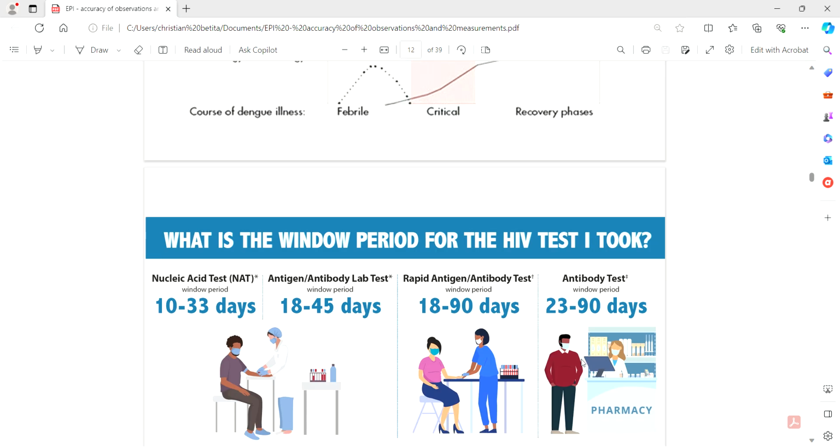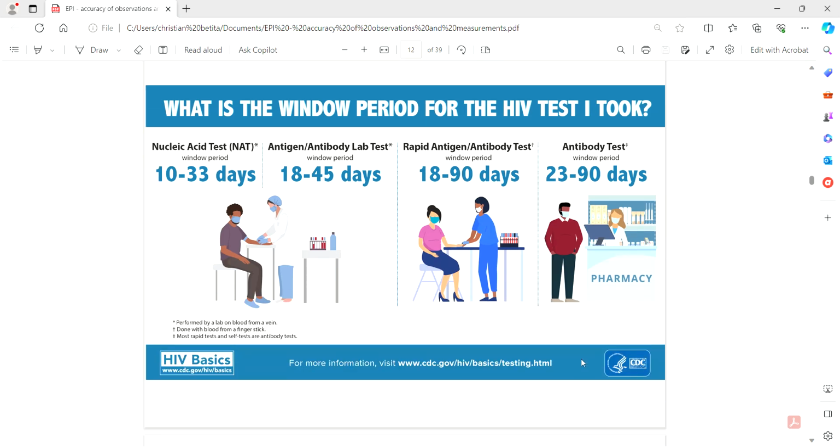Similarly, your HIV test. So your nucleic acid test and your antibody tests, they all have a window period. The window period corresponds to the time from exposure to the HIV virus until the time that the test will detect the antibody.